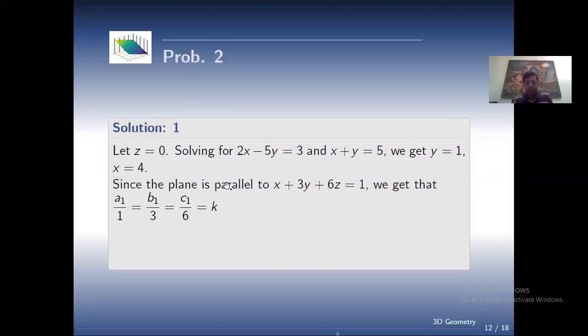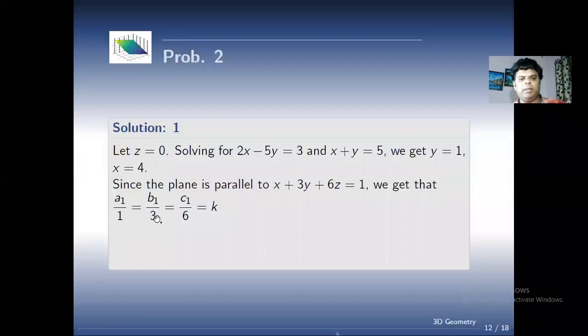So we get a1 by 1 plus b1 by 3 plus c1 by 6, where a1 x plus b1 y plus c1 z plus d1 equal to 0 is the equation of the new plane.